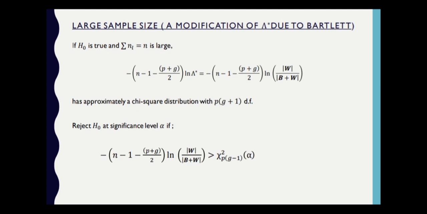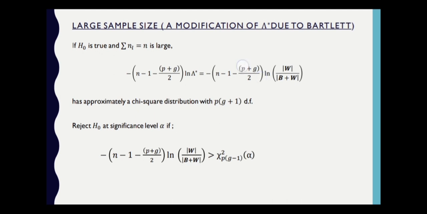We can use this formula and modification from the Bartlett sebenarnya. Okay, which is the kita compare kan dengan chi-square distribution. Before this, kita compare dengan F. So, ada dua cara lah kalau large sample size. Sama ada you gunakan the previous method tadi ataupun gunakan this method untuk dapatkan statistik.